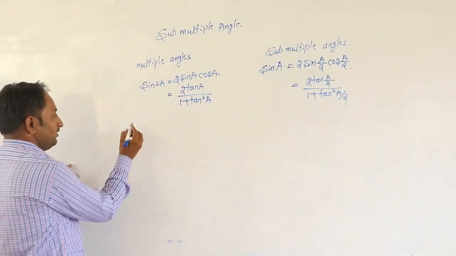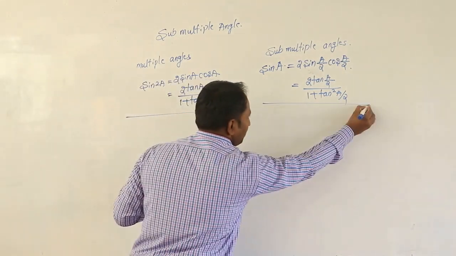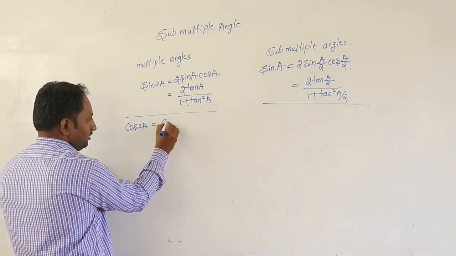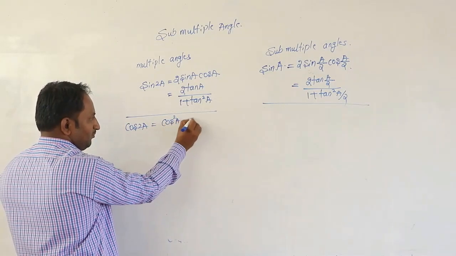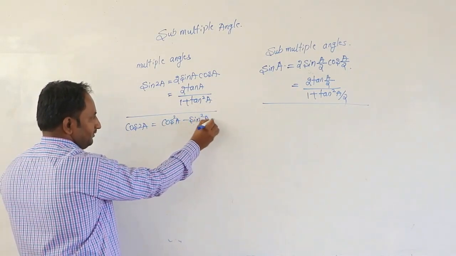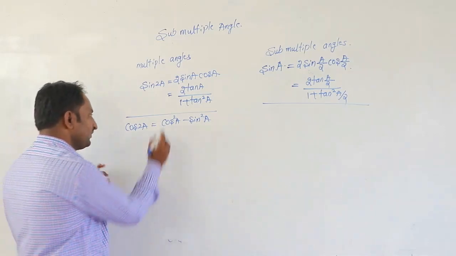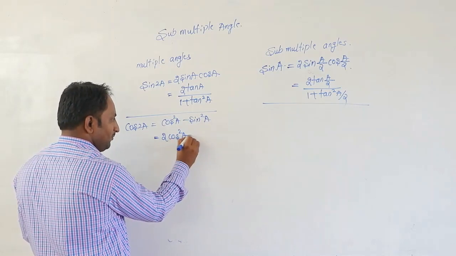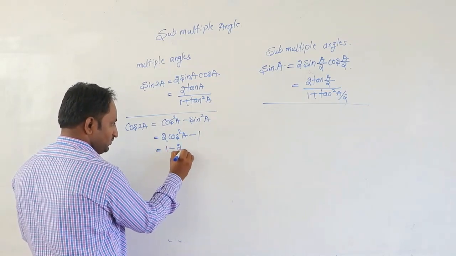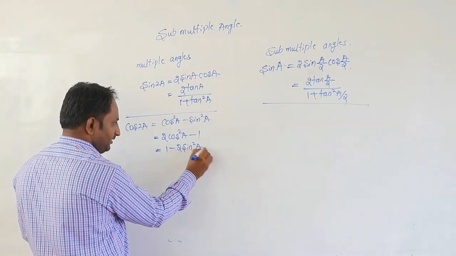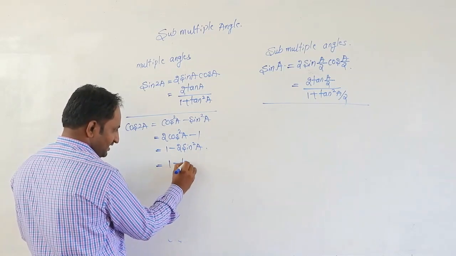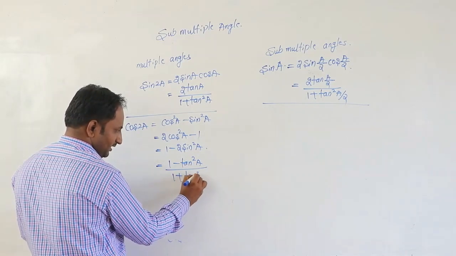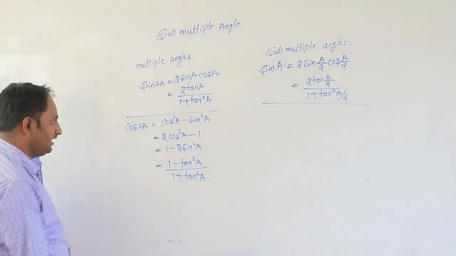Then in terms of cos, cos of 2a is equal to cos square a minus sin square a. Then 2 cos square a minus 1, 1 minus 2 sin square a, and the last one 1 minus tan square a divided by 1 plus tan square a.